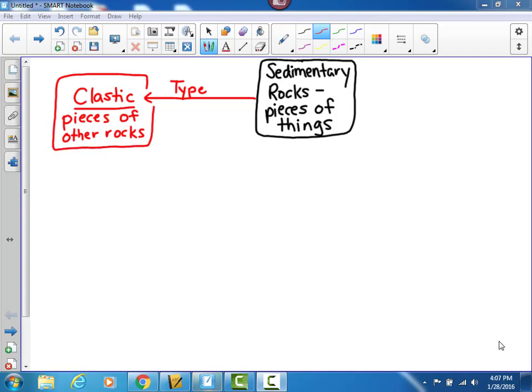It doesn't say what kind of other rocks. It could be sedimentary rocks that have been broken down and are making a new sedimentary rock. It could be igneous rocks that we talked about last time, or it could be metamorphic rocks, which we'll talk about next time.